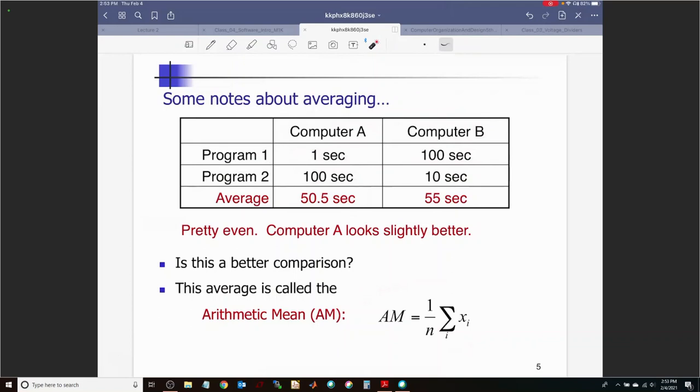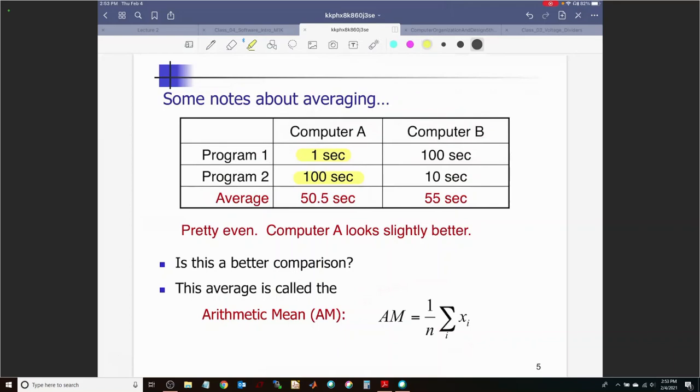So if you just look at the average, all we are doing right now is adding these two numbers and finding the average. We are not even worried about how often we are running program 1 and program 2. We are just assuming right now that program 1 is used the same amount of time as program 2. So over here you have 1 second, over here you have 100 seconds, you add them up, divide by 2, you get 50.5.